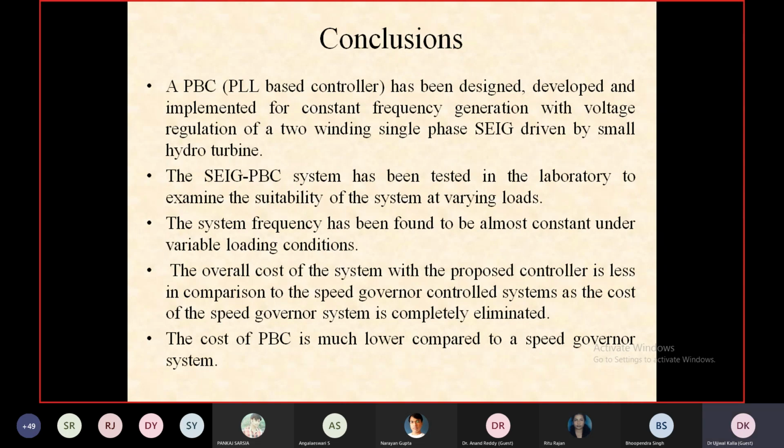Another beauty of this scheme is that this is a governor-free generator. This generator does not require any speed governor for frequency control. Frequency is being controlled without any speed governor.